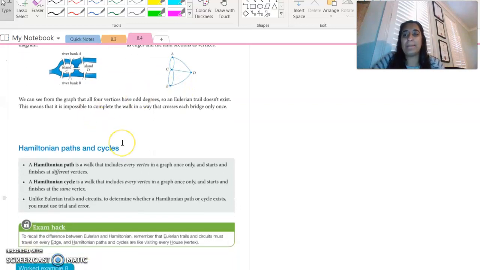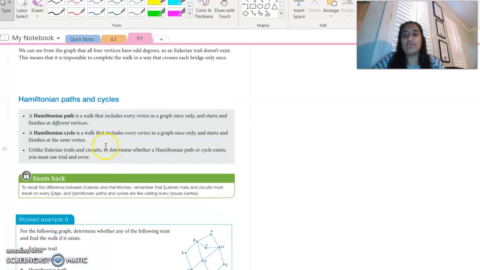All right, Hamiltonian paths and cycles. A Hamiltonian path is a walk that includes every vertex only once, and it starts and finishes at different vertices. A Hamiltonian circuit, on the other hand, still includes every vertex once, and this time starts and finishes at the same vertex.